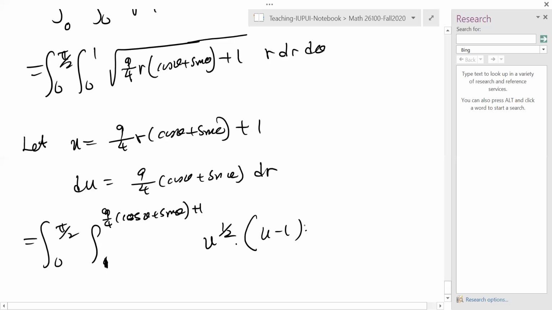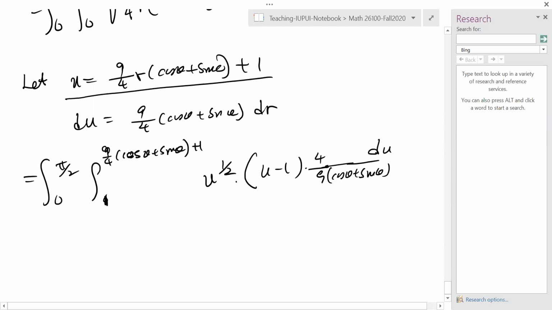You solve for r: u minus 1 divided by 9 over 4. And I think I have the term in the denominator. And then du. Well, we can find the antiderivative of this, but I don't think we can evaluate it.